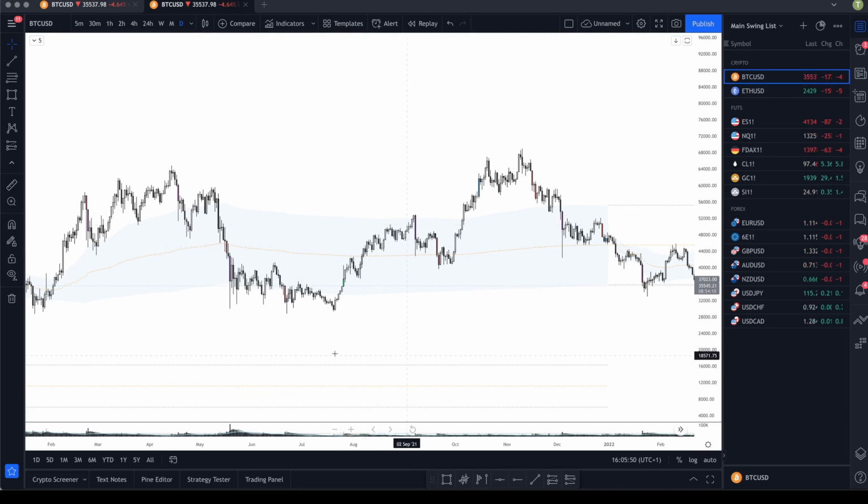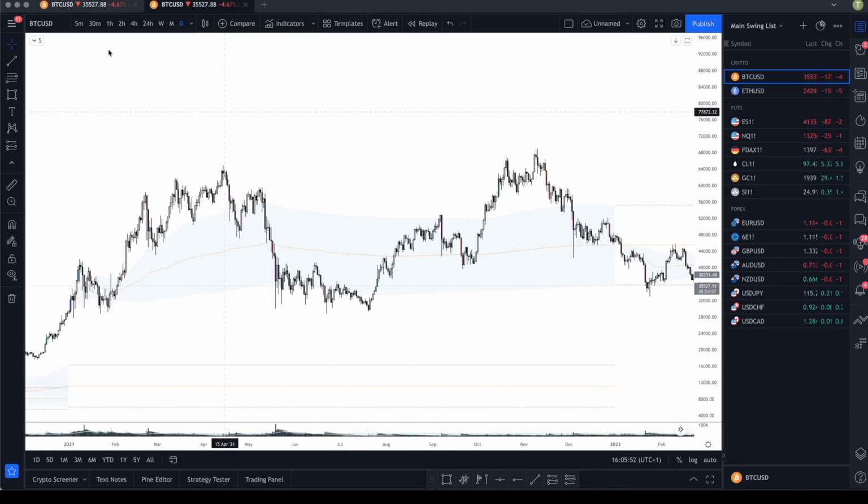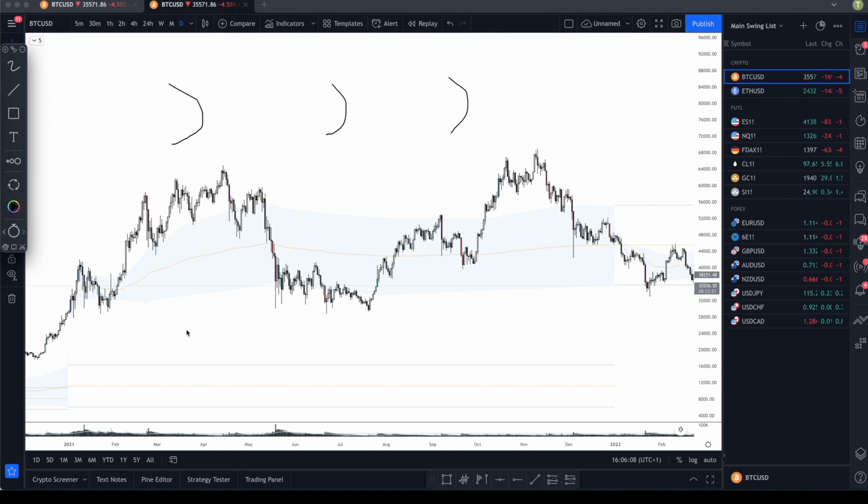And how this is going to work, it's coming back to the auction market theory and the 5 rules we were talking about previously. So let me quickly remind you of them. The first rule is that inside the value area, the market is rotational and bouncing from the edges of your value.